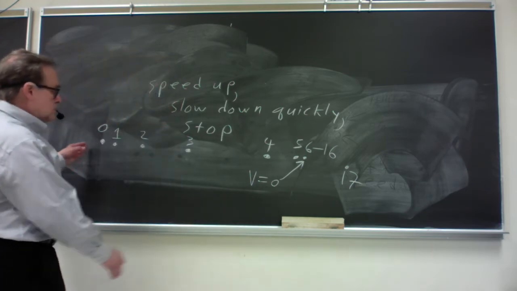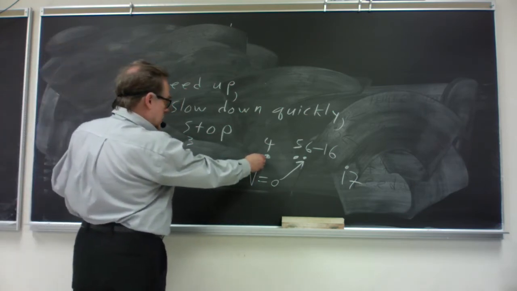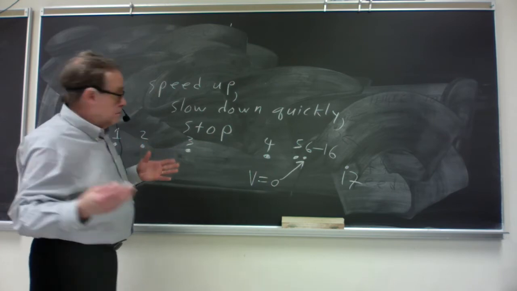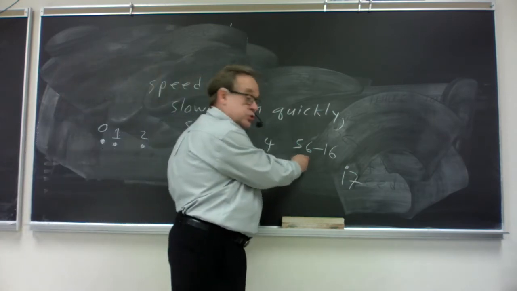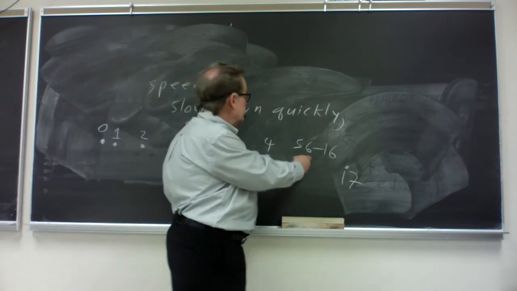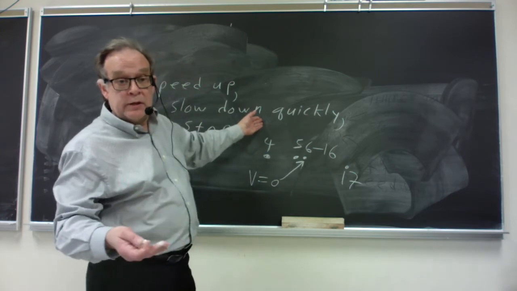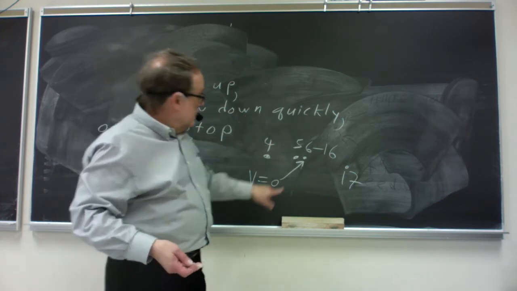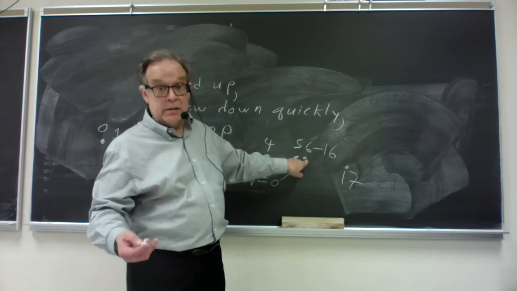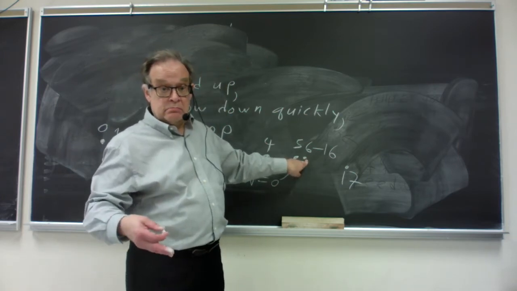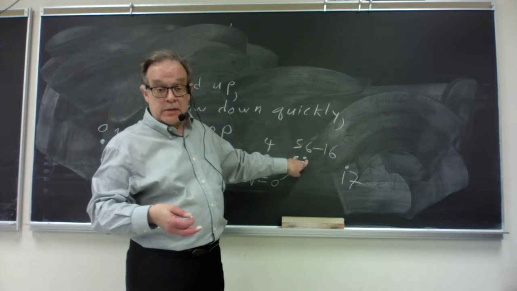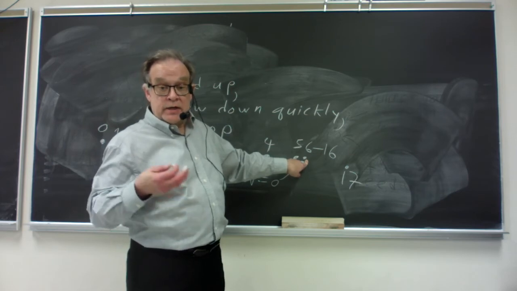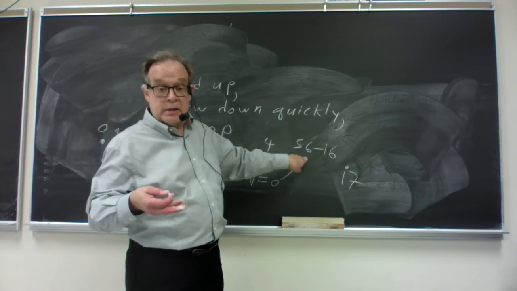So during the first 4 time intervals, speeding up. And then during the next 2 time intervals, I slow down, a lot quicker than I sped up. And then for the next 10 time intervals, however long that time interval is, I stay put at the same location.